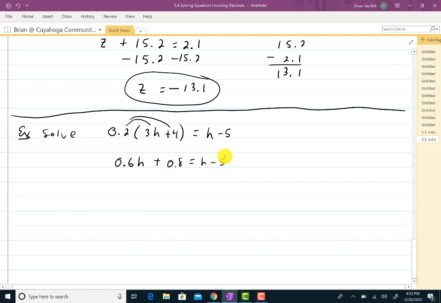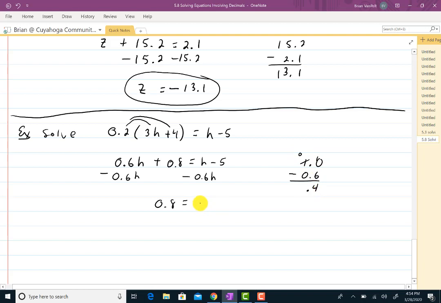Now this time, I would prefer to subtract 0.6h from each side, because it will prevent a negative number in front of the h. Over here on the right hand side, I have 1h minus 0.6h. So I'm going to go 1.0 minus 0.6. Borrow.